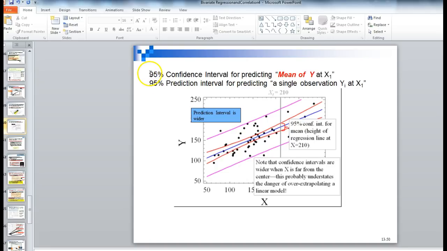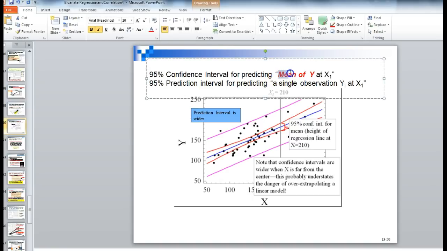A 95% confidence interval means that 95 out of 100 times when a group of salesmen makes 50 calls, their average will be between these limits. The average of the whole group that made 50 will be between these limits, and it tends to be pretty darn accurate because we are great at predicting averages for a group.